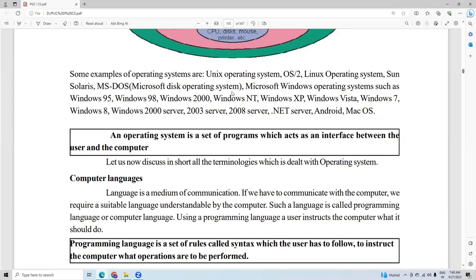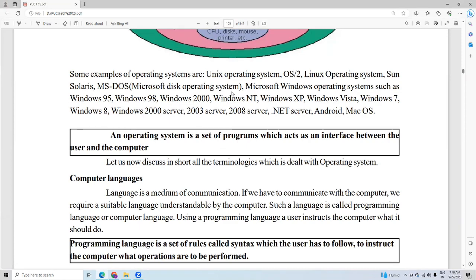So some examples of OS are the Unix operating system, which is a multi-user, very secure operating system. And the latest version of Unix nowadays, we are using Linux. Linux is very much used by hackers, right? For ethical hacking, white hat hacking, gray hat hacking, like this.